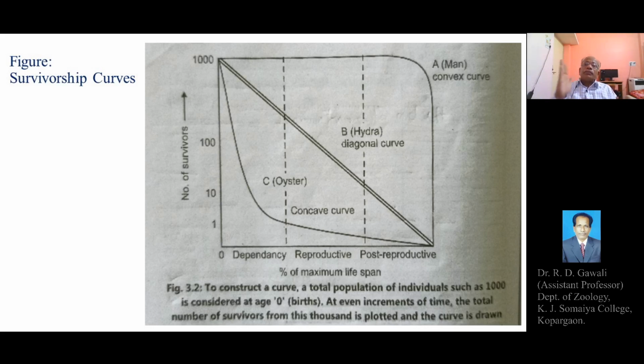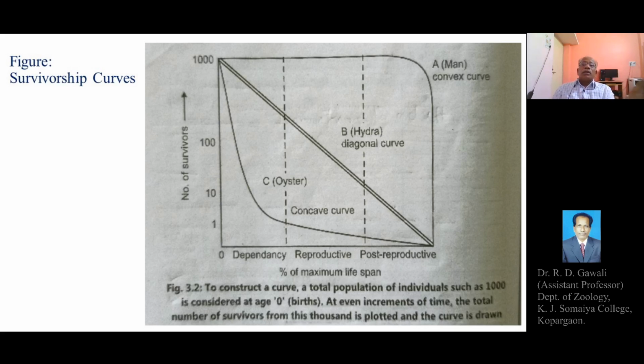So there are three stages of the lifetime. First is dependency or the pre-reproductive life, then reproductive, that is the mature stage, and the post-reproductive, that is the old stage.